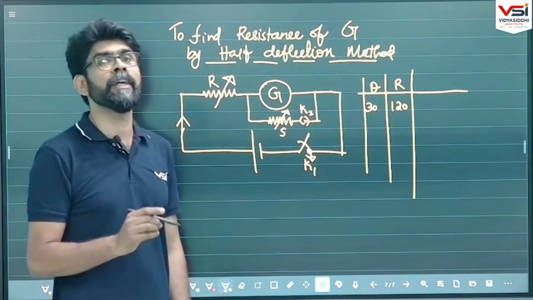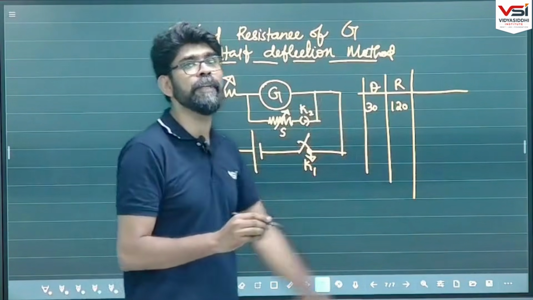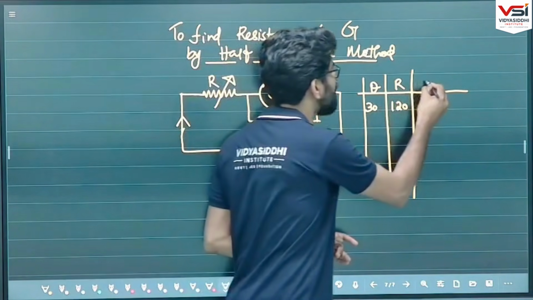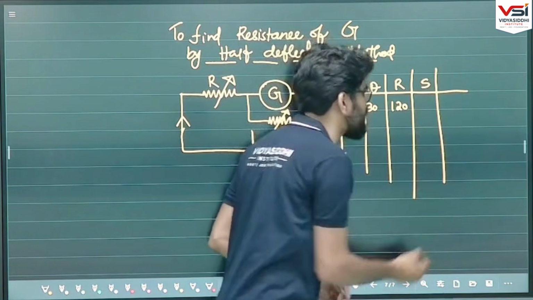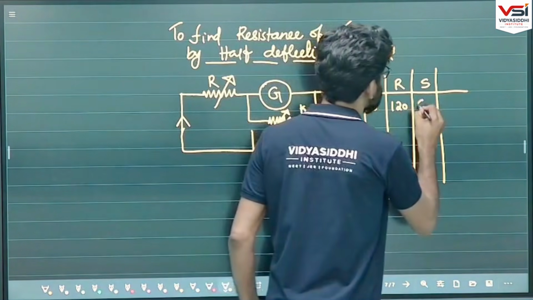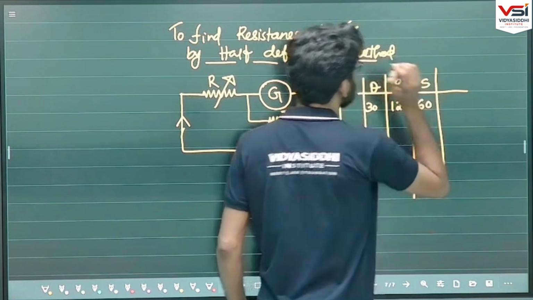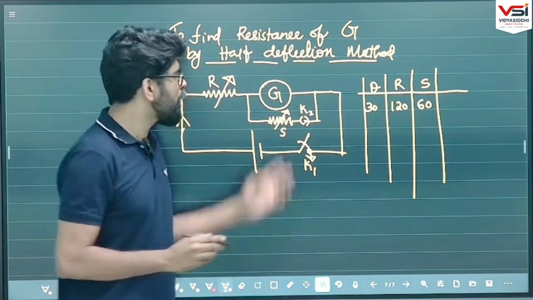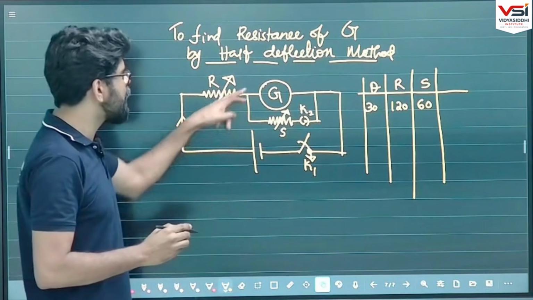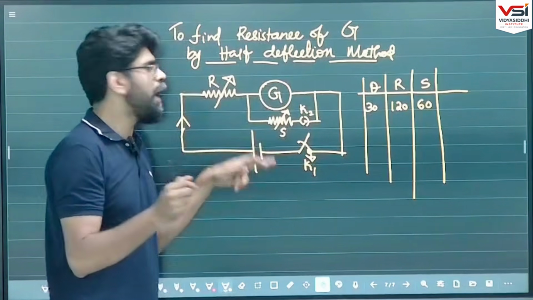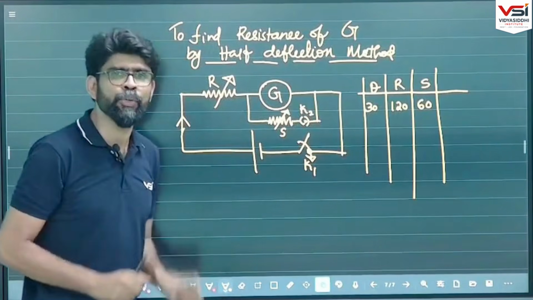Now we are introducing K2 and we are adjusting the value of S so that the deflection of the galvanometer becomes half, which means 15 divisions deflection in the galvanometer, and we have to find out the value of S. Let us assume that the galvanometer is giving half deflection for a 60 ohm resistance connected to it, after inserting key K2.